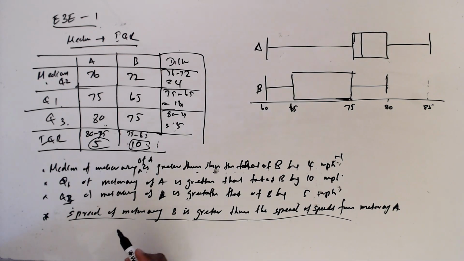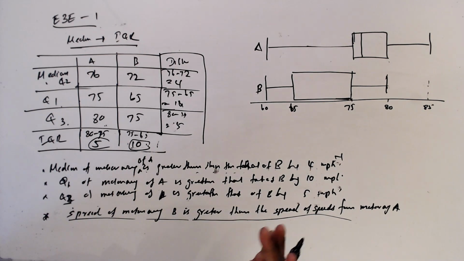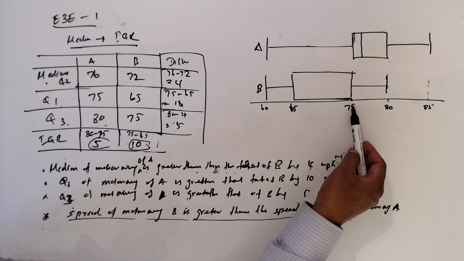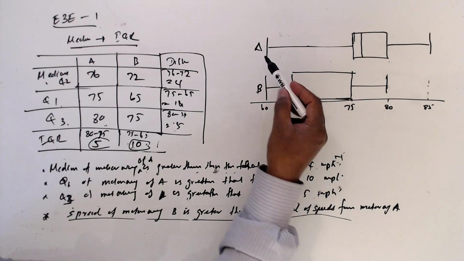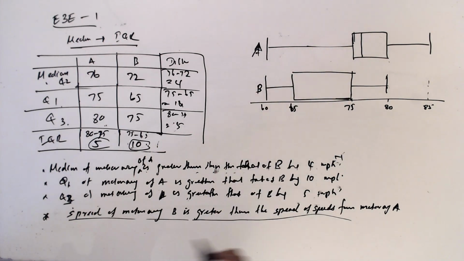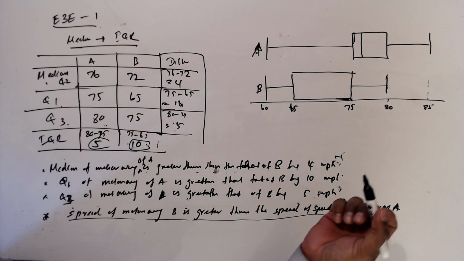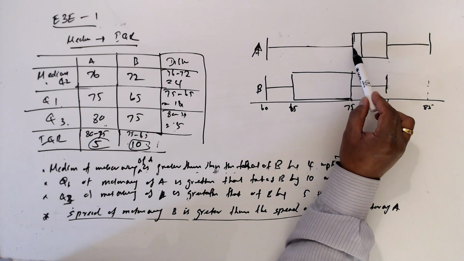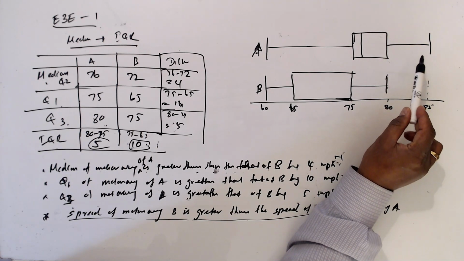Now, this is motorway A and this is motorway B. So what can you tell about motorway A? When you look at this spread, this is the third quartile and the first quartile, and it started here. It means the motorway has more speed. We can see this is the first piece, second and third piece, and this is the fourth piece of the data set.